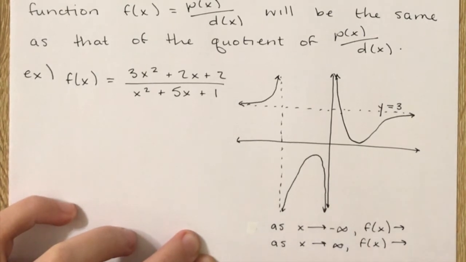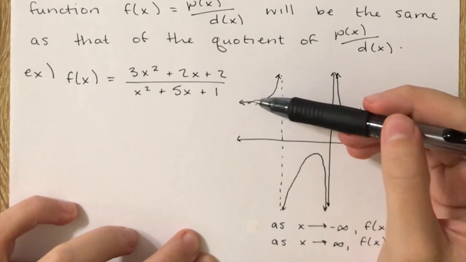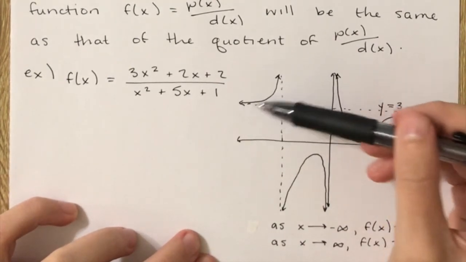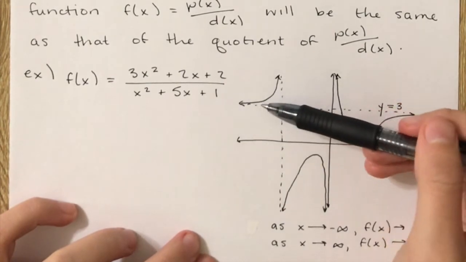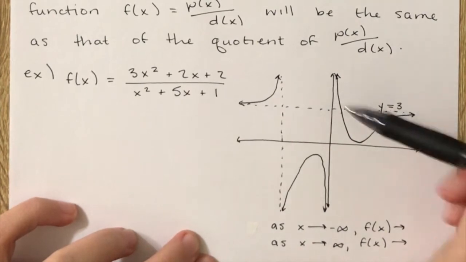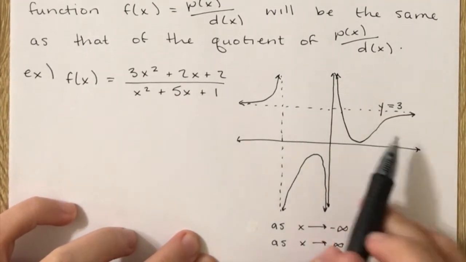So for negative infinity, that's asking where are the y values of the graph going as we move off the graph to the left, as x moves towards negative infinity. That is this y value, which is 3, right? So f of x is 3.